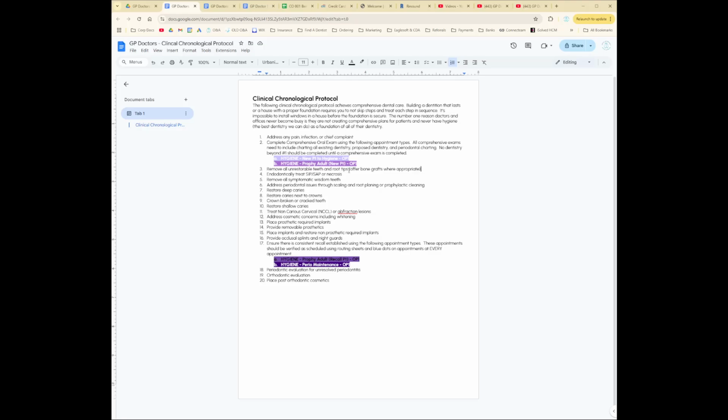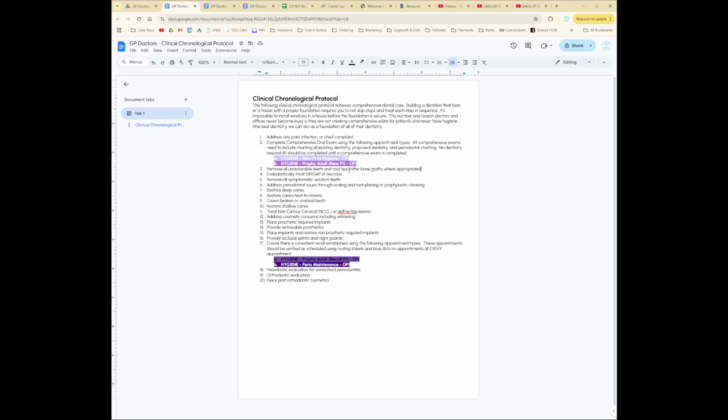And then when they come back for their recall, we should do a periodic evaluation or periodontic evaluation for unresolved periodontitis. And if we are not getting any resolution, that would be an indication that maybe they need to go and see a periodontist, okay?